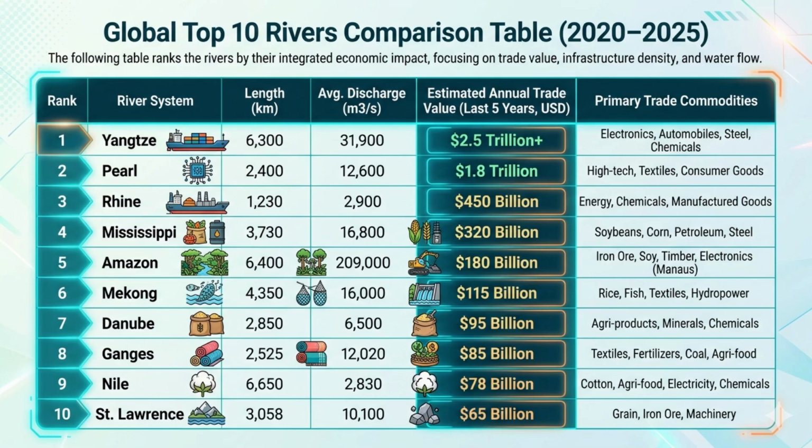The Yangtze is world number one, at about 2.5 trillion US dollars per year of economic value passing through or utilizing this river. The one ranked number 9 is about 78 billion. I also put out the primary trade commodities, so you can see what products, services, commodities, or complete products flow through this river through maritime trade.